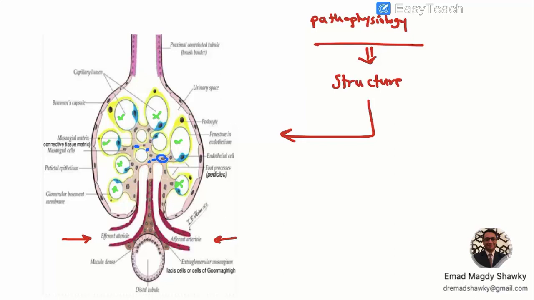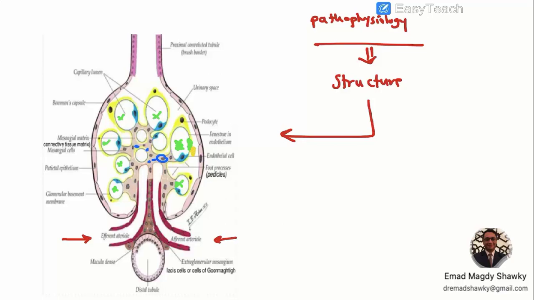If we return back to the glomerular capillary itself, we will find that the glomerular capillary has two surfaces. This one is the surface of filtration. Here is the blood, and this is the glomerular capillary membrane, and this is the other space, the urinary space.